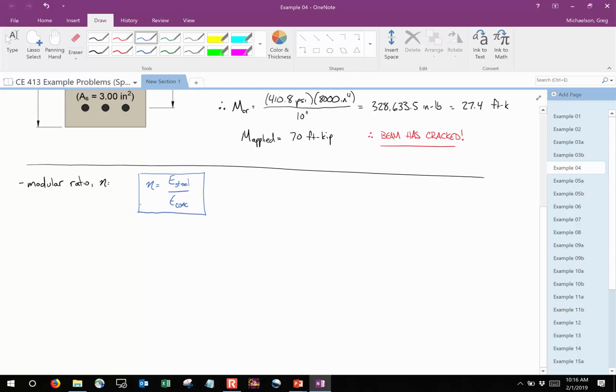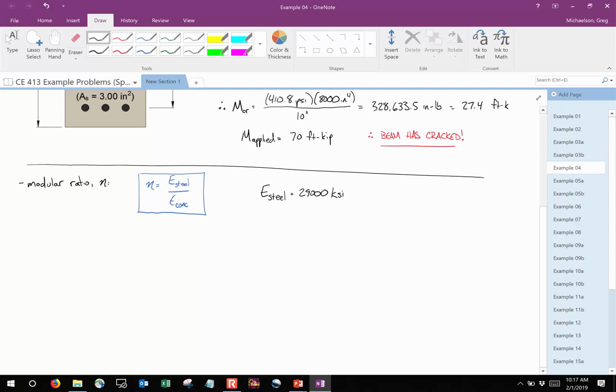Now, the reason why is because we typically take N as the bigger E value divided by the smaller E value. We always want N to be bigger than 1. Okay? Now, E for the steel is what? 29,000. There we go, 29,000 what? KSI. I want that number burned into the back of your memory.